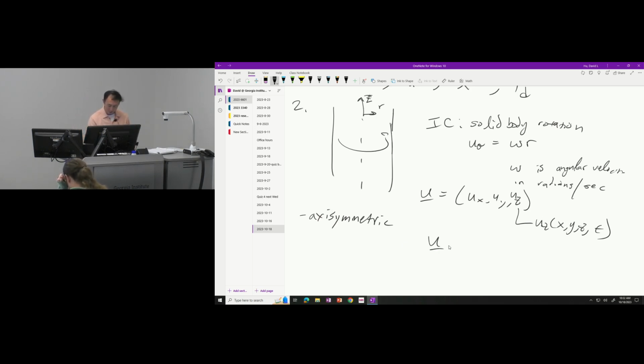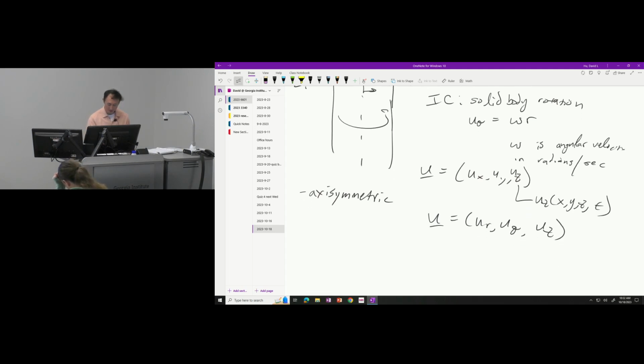So for cylindrical coordinates, you have UR, U theta, UZ as a function of R, theta, Z, and time. Nothing is a function of theta, so this will go away.